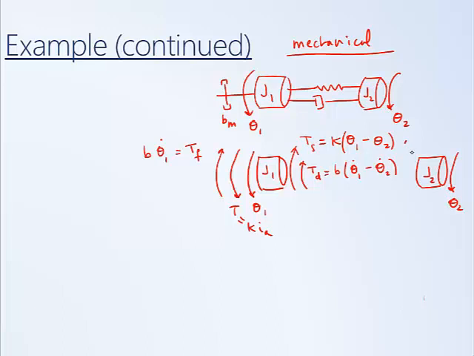So T sub S and T sub D are equal and opposite to the application on J sub 1. And this direction, as I've defined it, presumes that T sub S is defined in this manner, where the ordering is theta 1 minus theta 2. If I switch the order of theta 2 and theta 1, then the torques would be positive in the opposite direction.